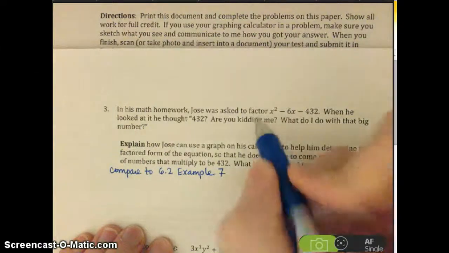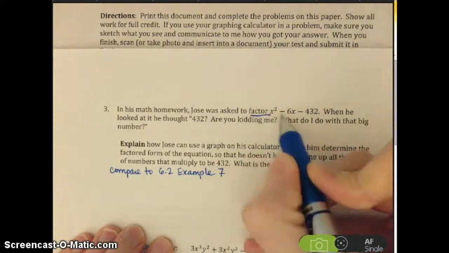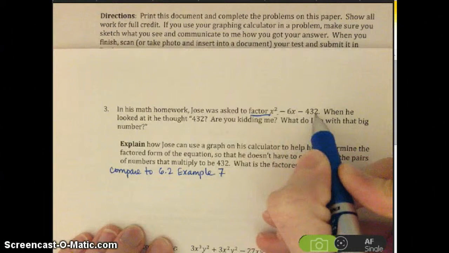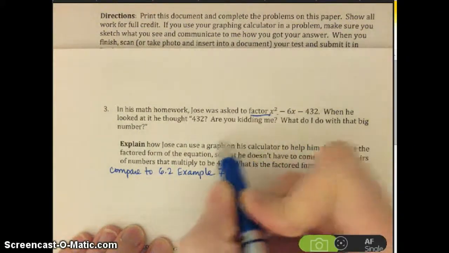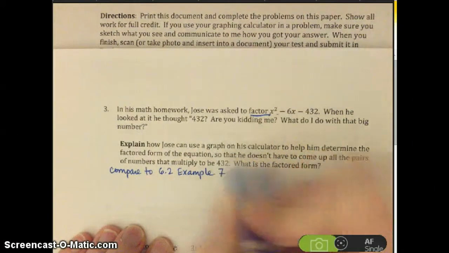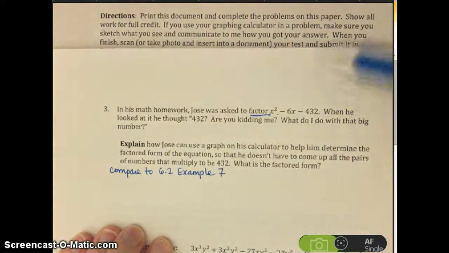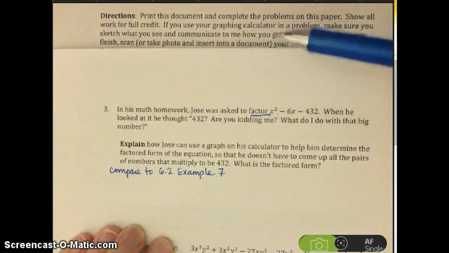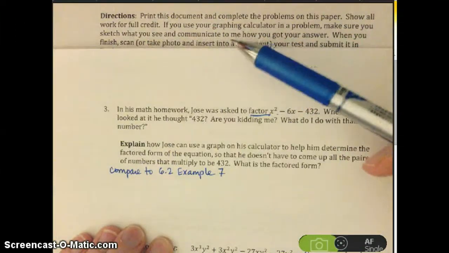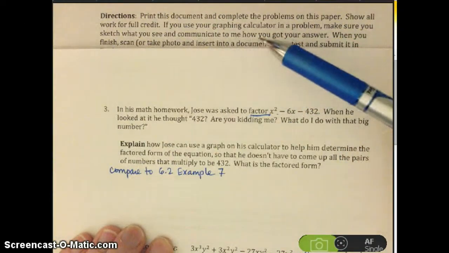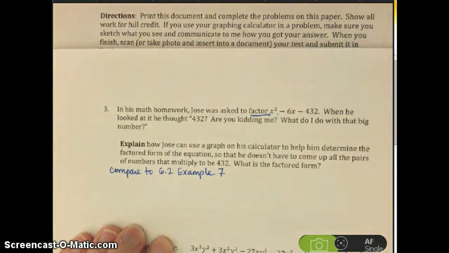In this problem, we're thinking about factoring a trinomial, but the number is really big, and so we're asked to use a graph to help. And if we use a graphing calculator, we're going to sketch what we see and communicate how that sketch tells us our answer.